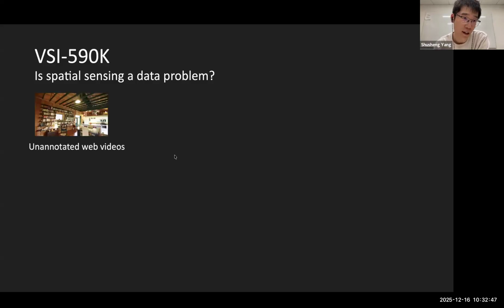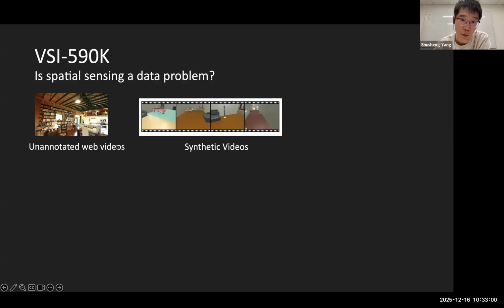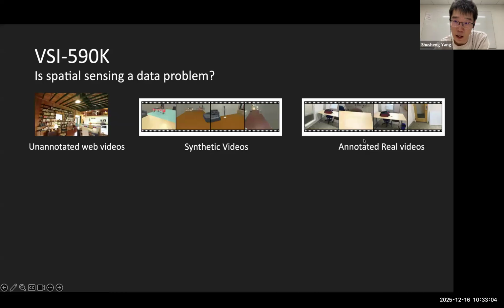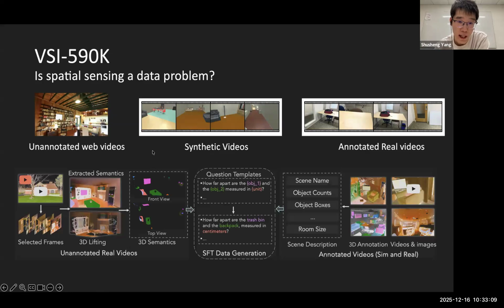To build our VSI data, we collect videos from a diverse range of video sources. For example, here we use unannotated web videos, and we also collect some synthetic videos and some annotated real videos. And after collecting this video data and these annotations, we design this data pipeline.